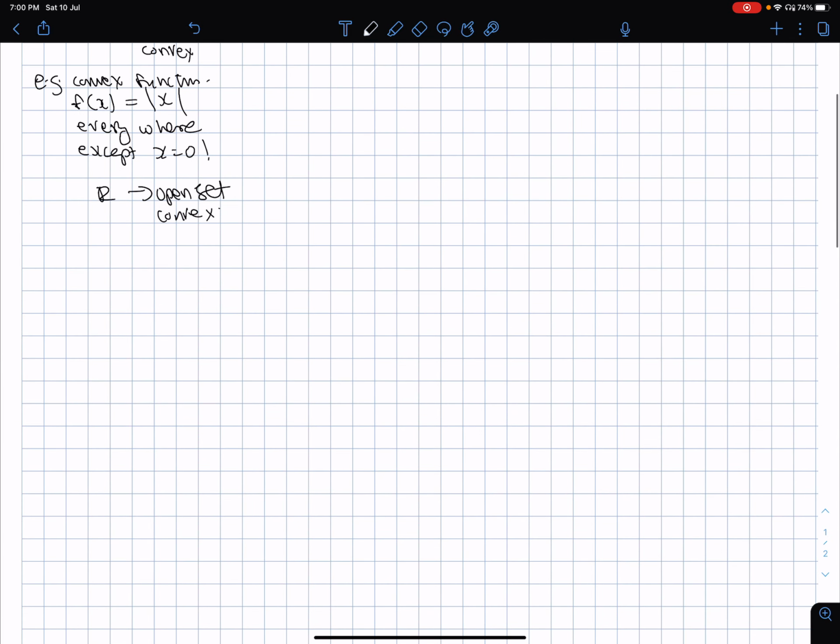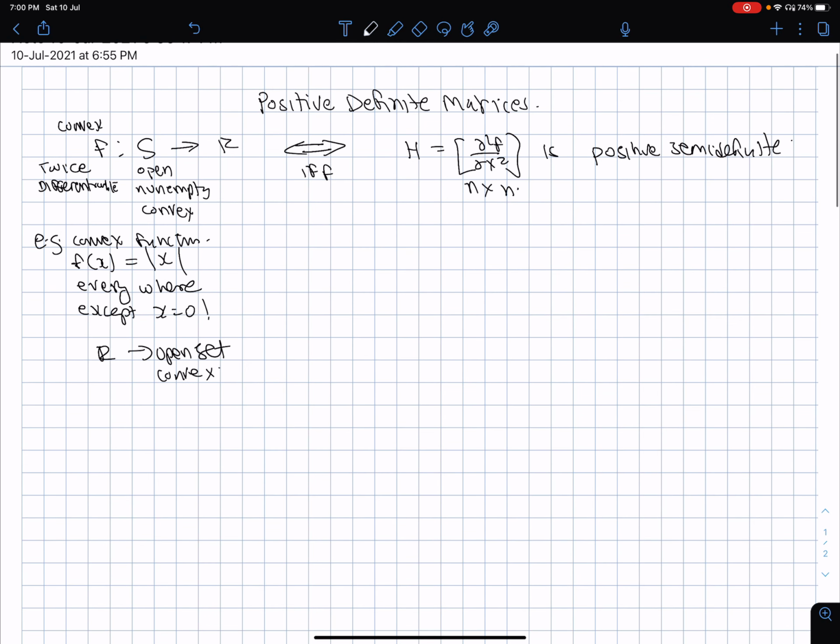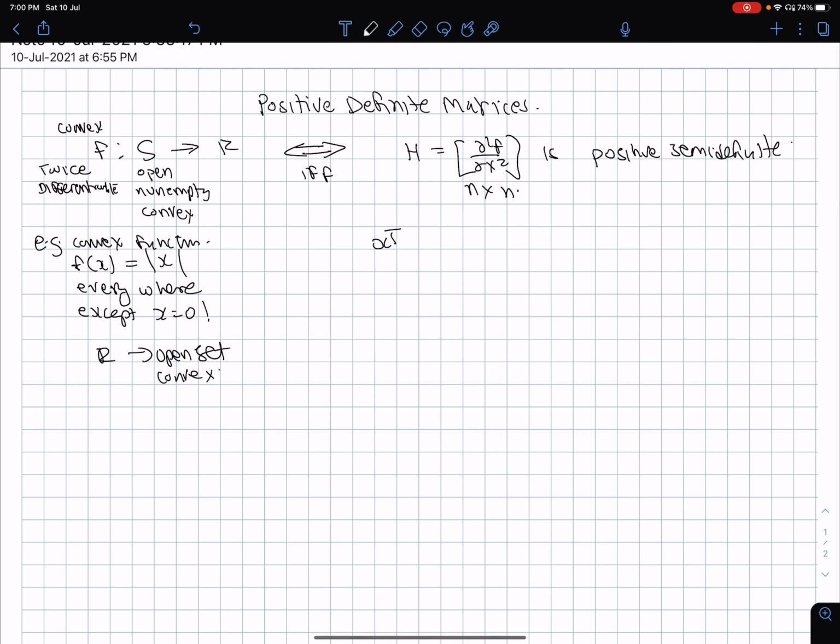So we have to understand what positive semi-definiteness means. We defined that also in the last class. A Hessian matrix is anyway symmetric. An n cross n matrix H is positive definite if d transpose Hd is greater than 0 for all d not equal to 0.